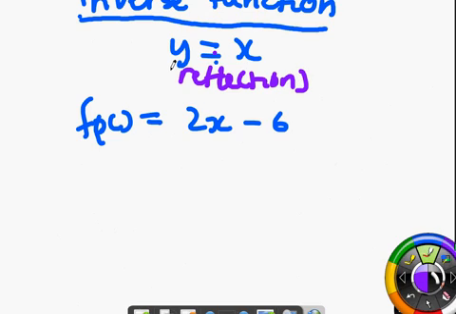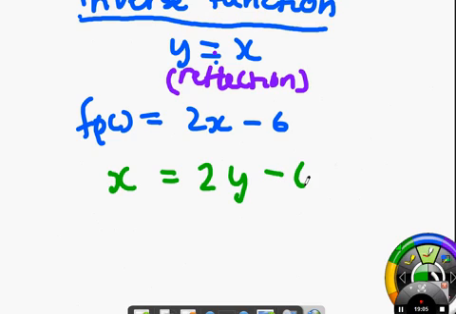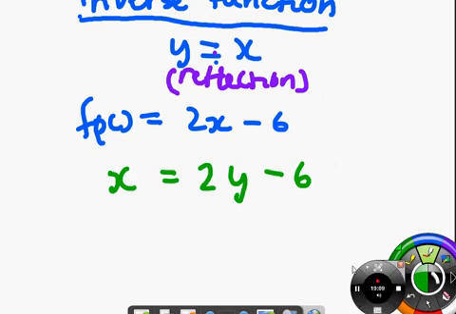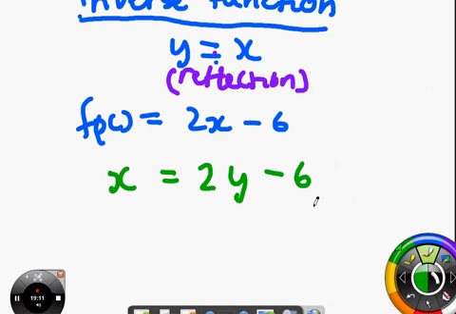When you reflect on the line y is equal to x, you are drawing the inverse. So now how do we find that? Remember, when we say y is equal to x, it means that we must swap. This f of x must become just x, and where there is x, you're now going to put y, which is the same as f of x. And because we are reflecting, that's how it's supposed to be written.